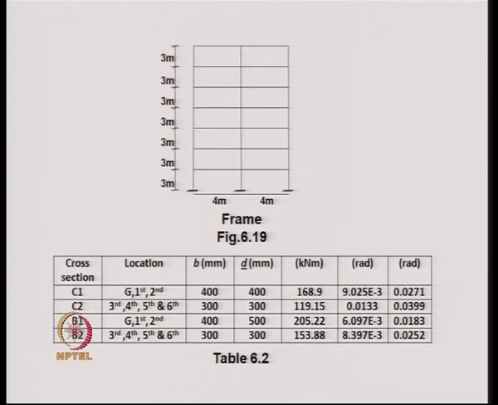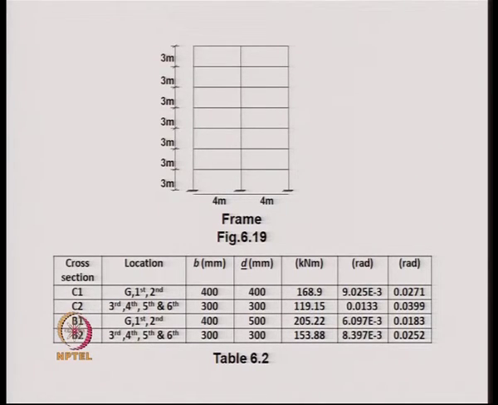Second group is at third, fourth, fifth and sixth story levels. There we have a reduced B and D, and therefore the yield moment is also reduced. The permissible rotation is given, that is the yield rotation is given, and the maximum rotation that is allowed is also provided.